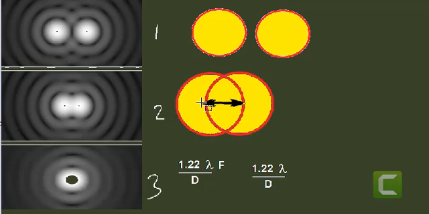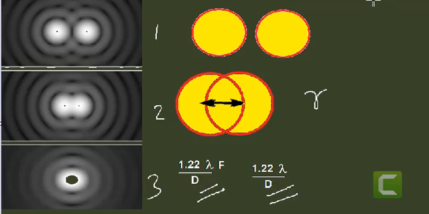That means the center of one and the center of the other should be separated by a distance equal to the radius. Center to center distance is equal to radius. That's an important point. And this radius can be given in linear size as 1.22 lambda by d into f, or 1.22 into lambda by d as an angular size. You should know that this is linear size, this is angular size.